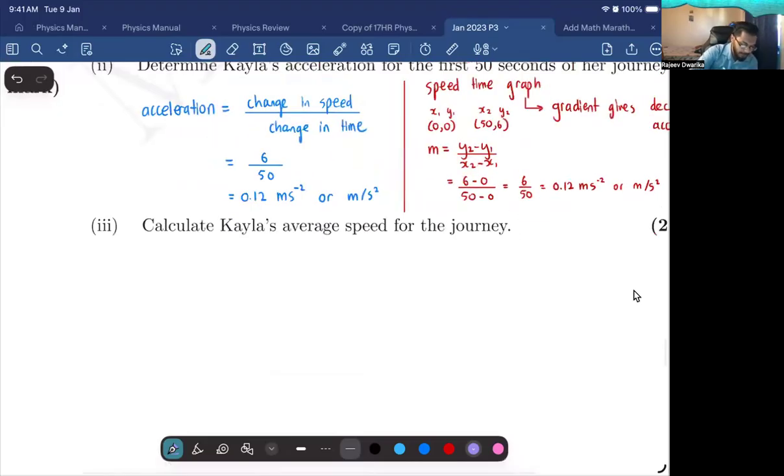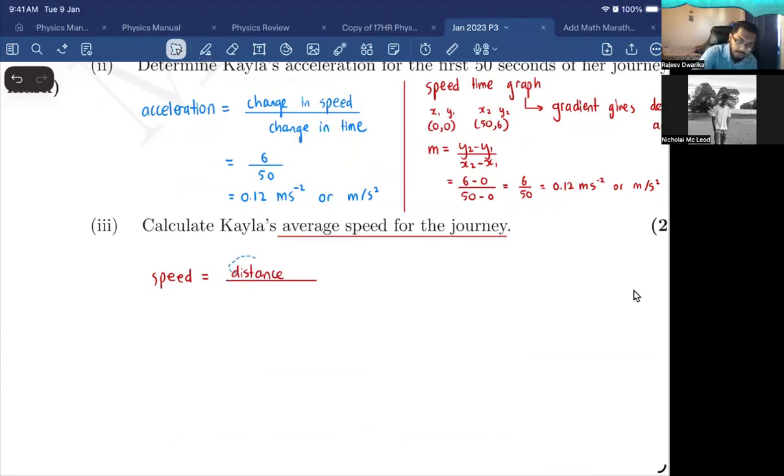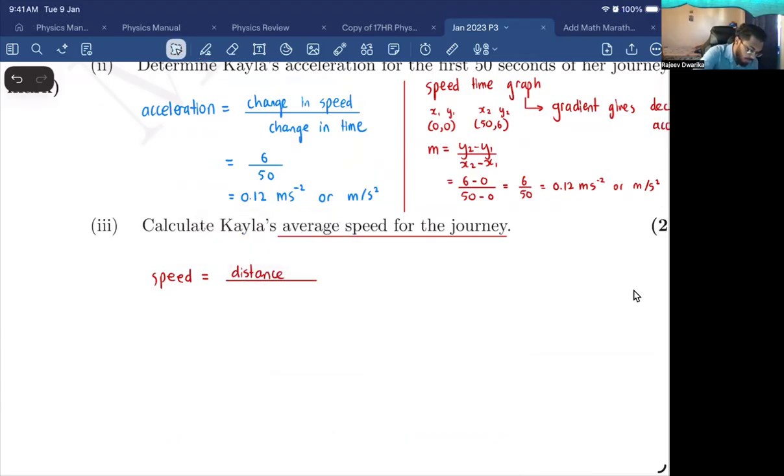They want us to calculate Kayla's average speed for the journey. Now, can somebody just remind me what the formula for speed is? Distance over time. All right, now I'm leading up to something.